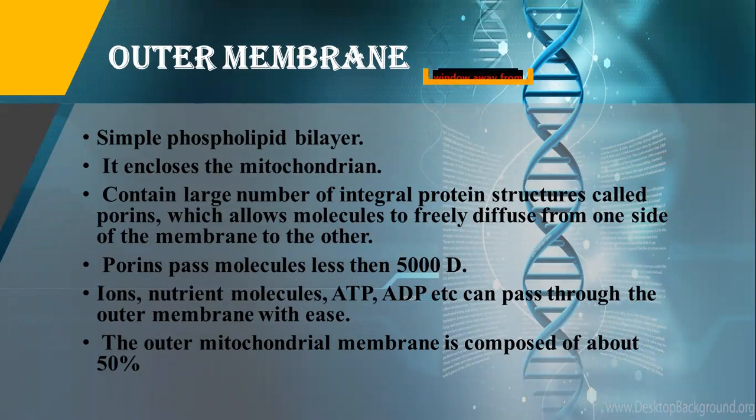information about the outer membrane. What does the outer membrane of the mitochondria mean? The outer membrane is a simple phospholipid layer. It encloses the mitochondria and contains a large number of integral protein structures called porins, which allow molecules to freely diffuse from one side of the membrane to the other.